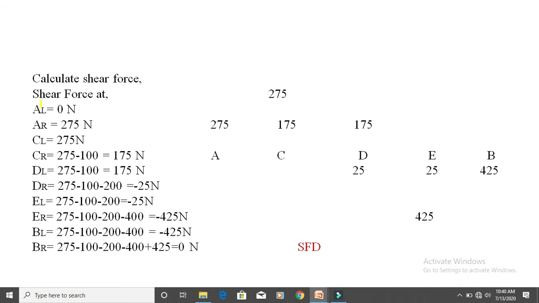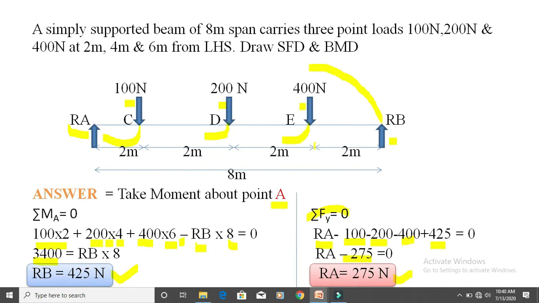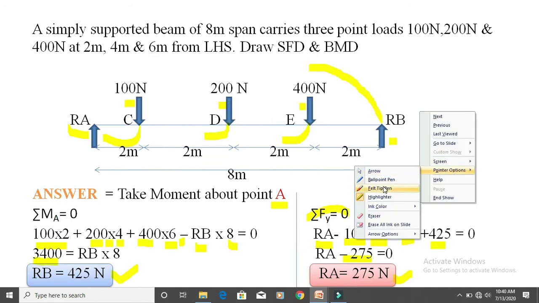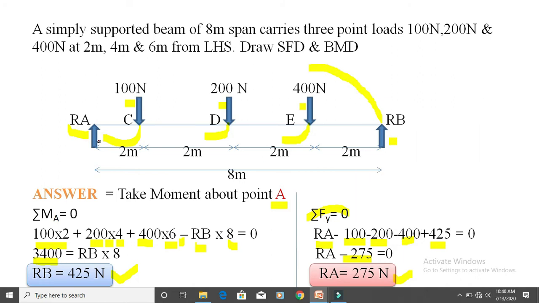For shear force, first consider from the left side, that is A of left is equal to 0 Newton. A of left is 0 means draw one vertical line left of A, like draw here.